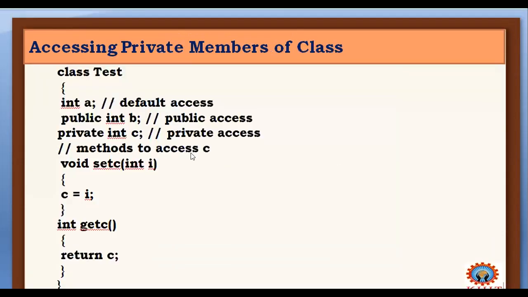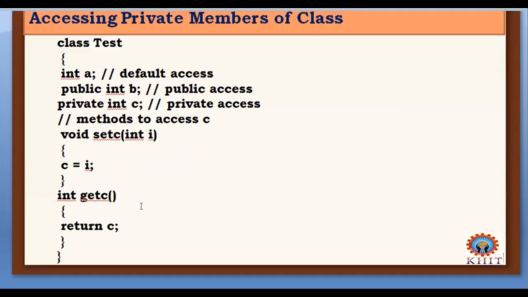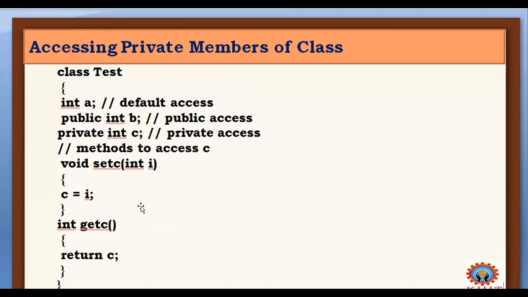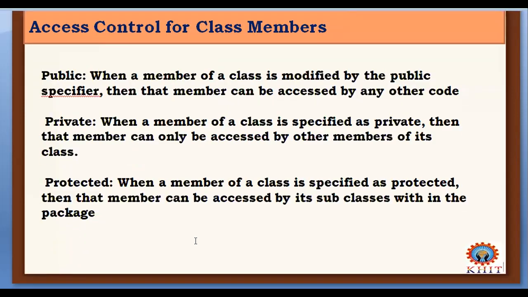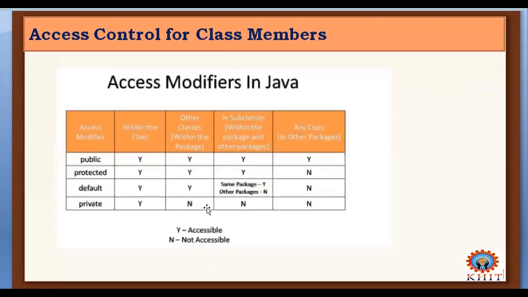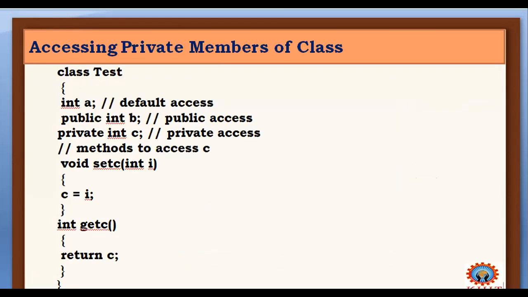Okay. Next, there is a concept called accessing private members of a class. So now you will try to understand with a small example here. I'll just copy this in a notepad and try to execute it so that you can understand.